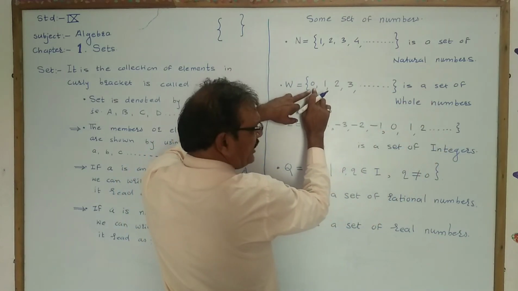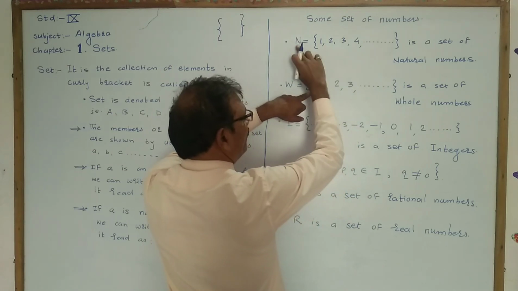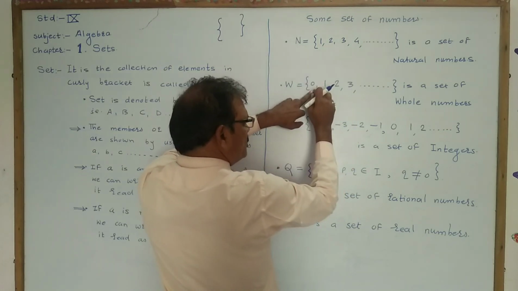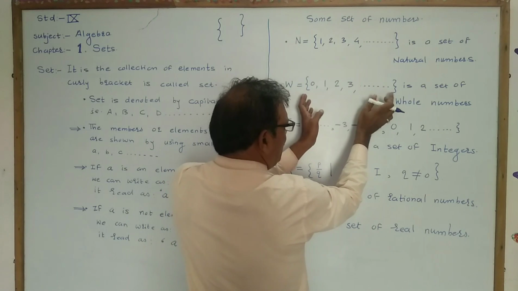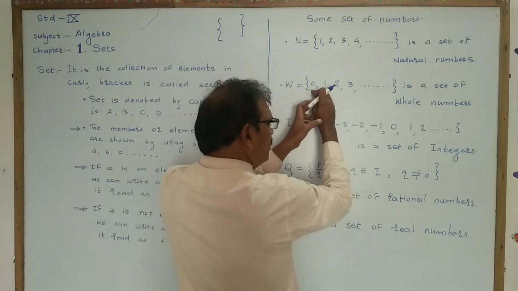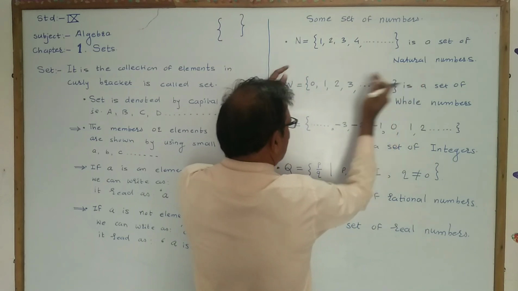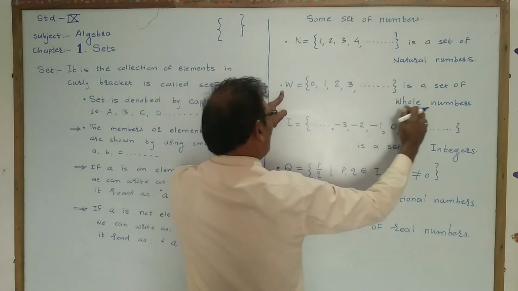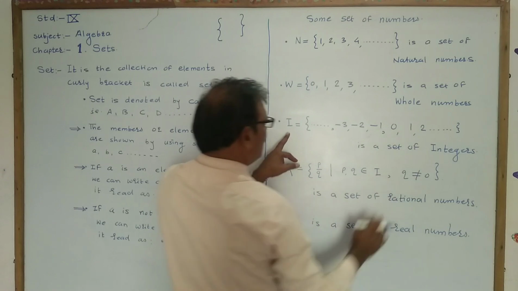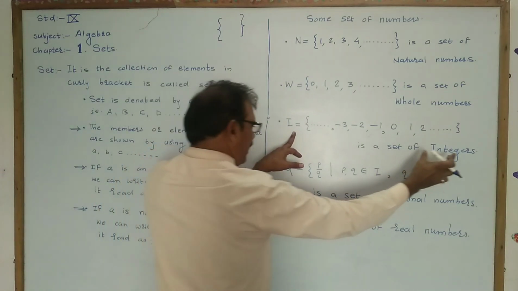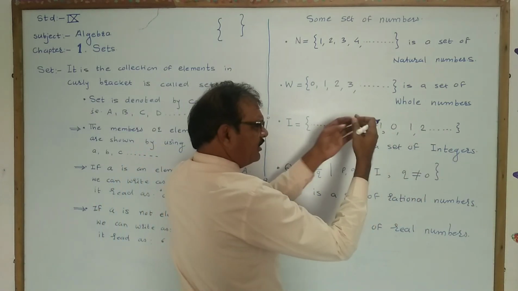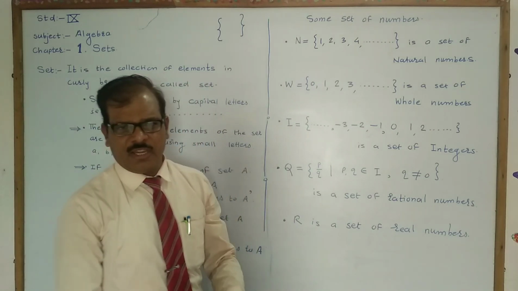Second, W is the whole number set. In whole numbers, take 0 and the other elements from the N set: 0, 1, 2, 3, and so on. These are the elements, with 0 also an element, written in curly brackets, and the set is W, for whole numbers. I is the set of integers. An integer may be positive or negative.